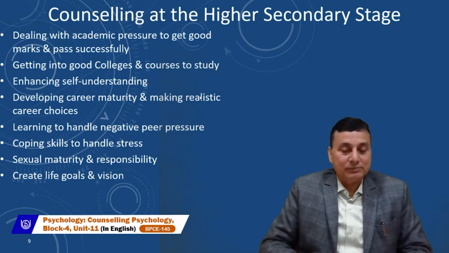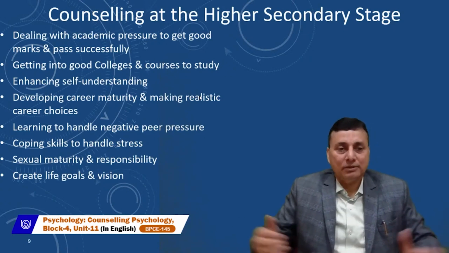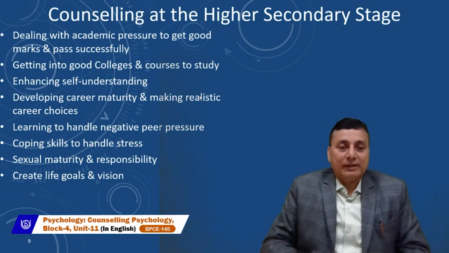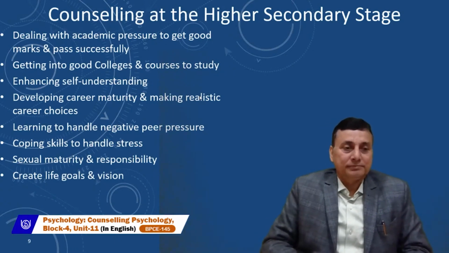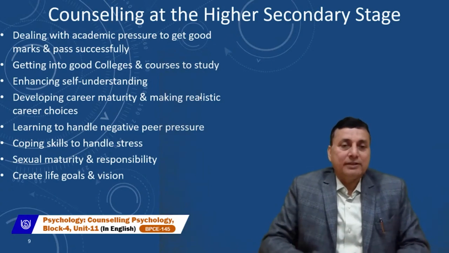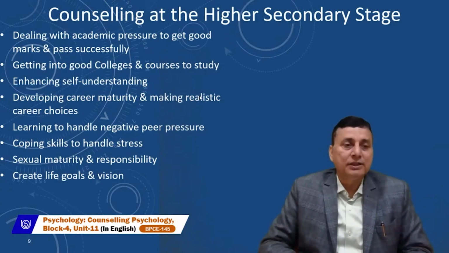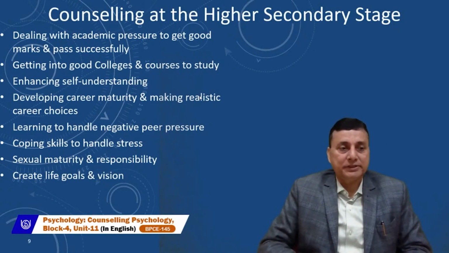Rather than getting angry, the child can say easily, you are my good friend, I consider you all my friends, but if you pressurize, it will be very difficult for me to continue with you. Such a way can be taught to children or adolescents so they can manage peer pressure.